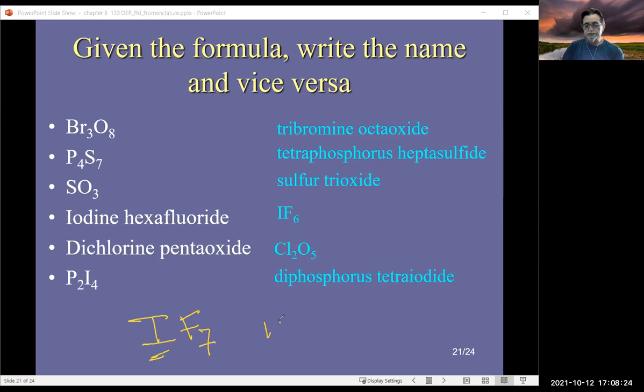In that case, it was iodine first because iodine was the central atom and it was written first. In this scenario, iodide is the name because it's written second, and it is attached to the central atom, or in this case, atoms. There's 2 of them.